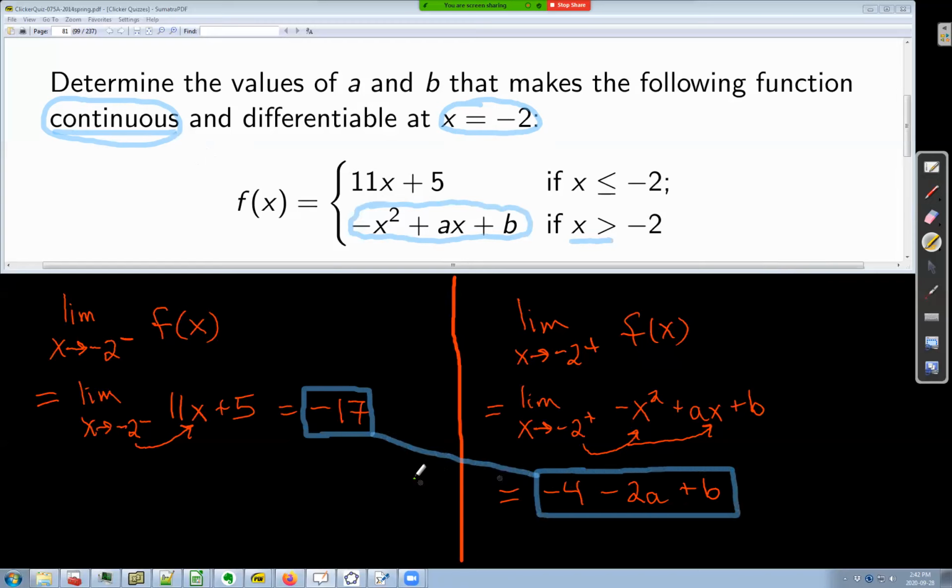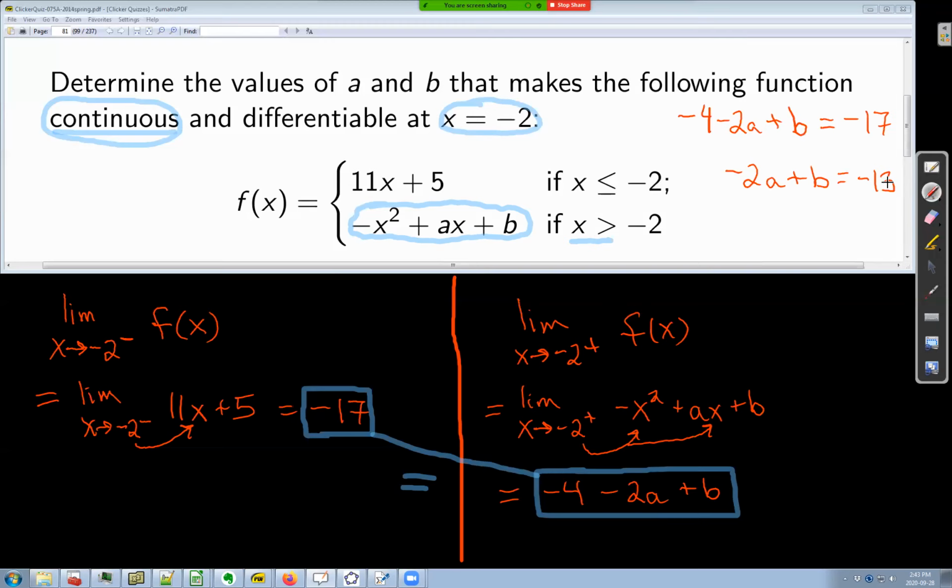So those have to be equal. So I got an equation, and I have a clue as to what A and B are. I know that -4 minus 2A plus B has to be equal to -17. I can add 4 to both sides, and I get -2A plus B is equal to -13.